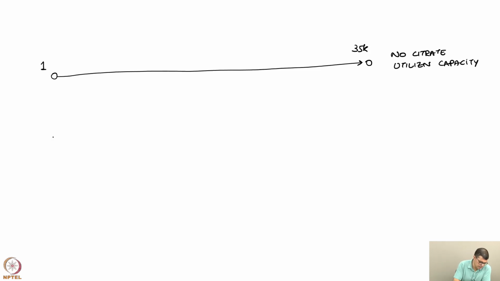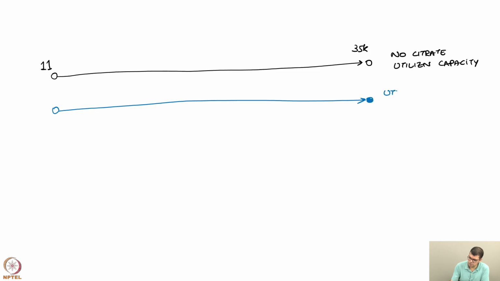On the other hand, I have 11 such lines. On the other hand, I have this one line in which something seems to have happened such that the individuals in this population are able to utilize citrate.